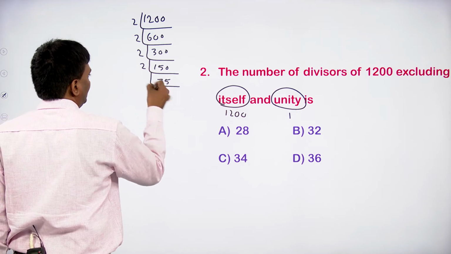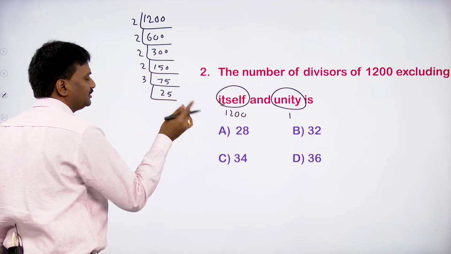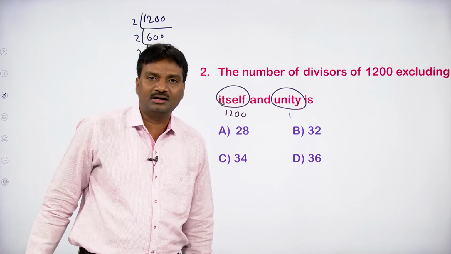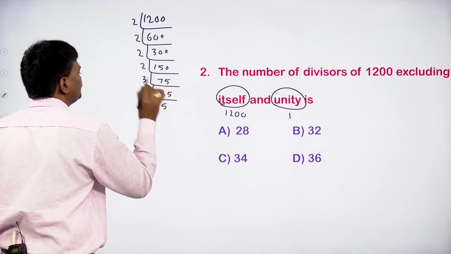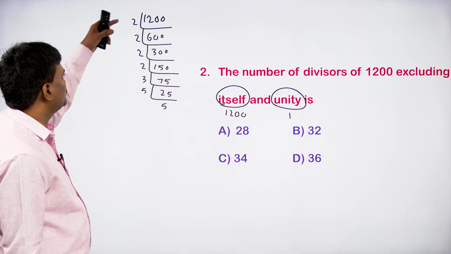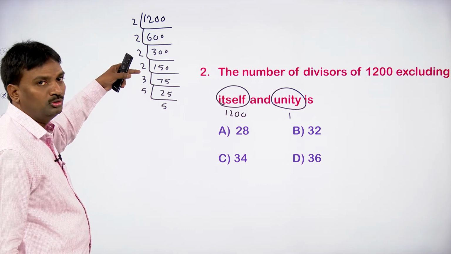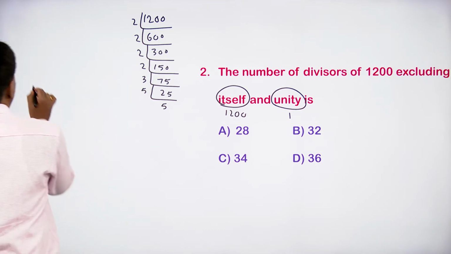The prime number next to 2 is 3, 3 25 times, cancel. Next, 3 is not a factor of 25, so let us take 5. 5 5s are 25, 5 5s are 25. Now we can write 1200 as 2 into 2 into 2 into 2, 2 power 4 into 3 into 5 into 5.